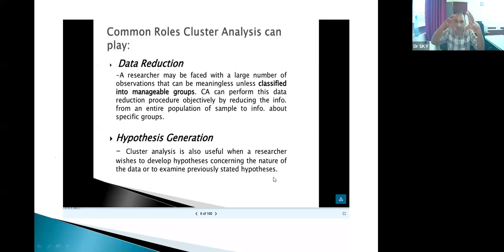So we have data on different characteristics. On the basis of that, we can classify which hypothesis is very close, or which hypothesis is governed by this data. So in this way, we can cluster them using this cluster analysis.